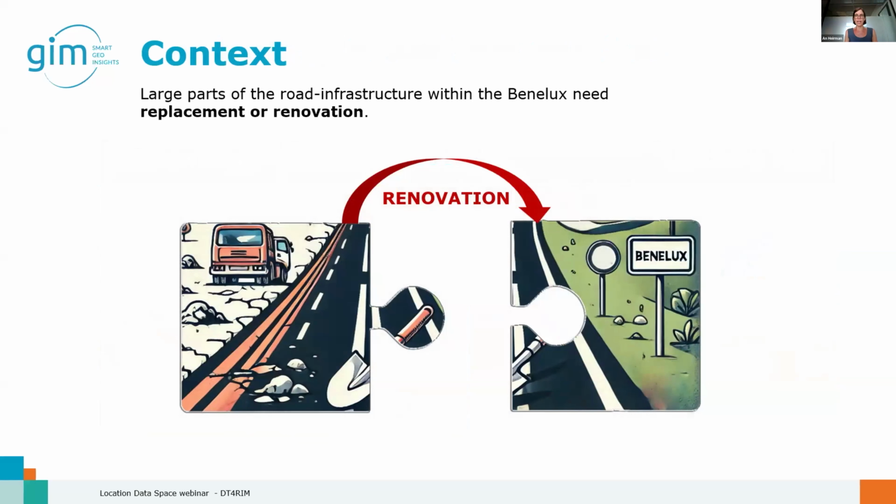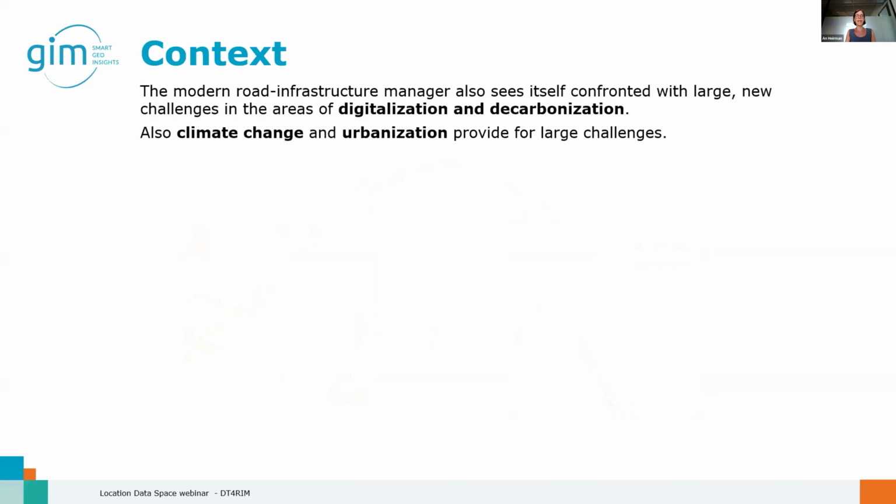So let's have a look at the project that we are talking about today. So I will first explain a bit the context where it came from. You have all these road infrastructure managers in the Benelux that are managing the road infrastructure, and where often replacement or a renovation of this infrastructure is needed.